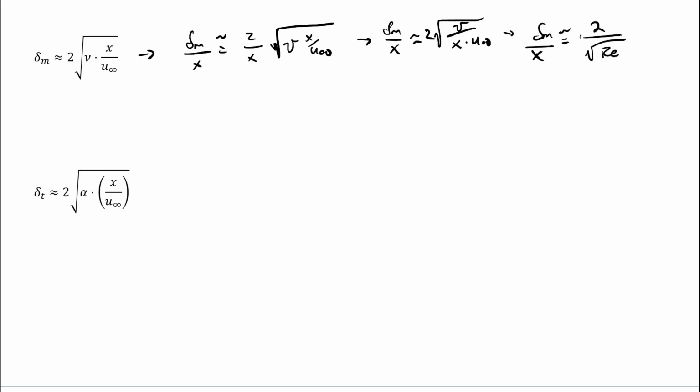This is an equivalent way of saying what we said over here. It's exactly the same. We just did some algebra to get there. The actual solution for this is delta m over x equals 4.91 divided by the square root of the Reynolds number. So this is the actual, say, exact formulation for the boundary layer thickness for momentum.